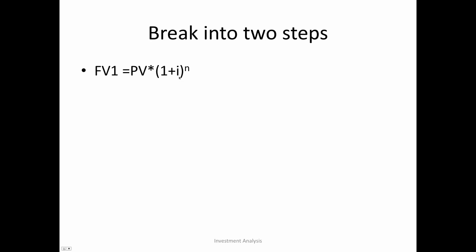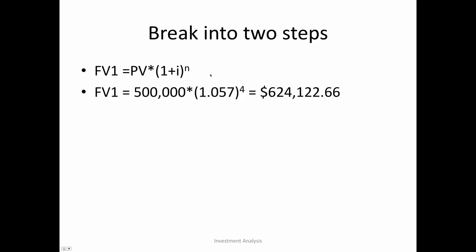If I substitute in the right interest rate, the right number of years, and the right present value, I'm going to end up with the future value of that $500,000 at the end of that initial 4-year time period being a little bit under $625,000. So this is what I've got at the end of 4 years.